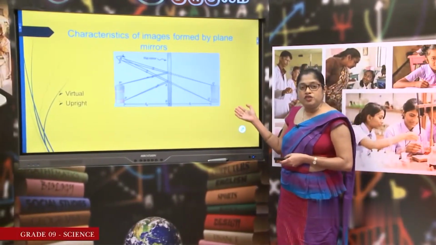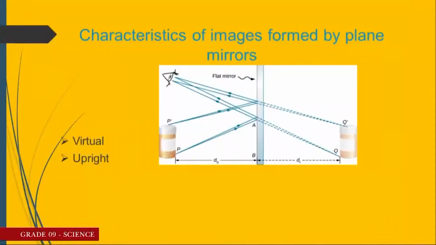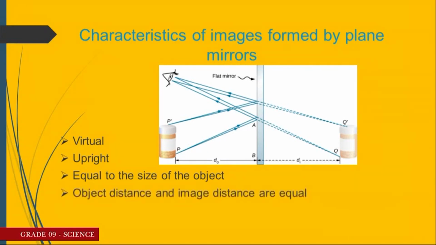The image is upright too. Next, it is obvious that the size of the image is equal to the size of the object. And also the object distance and image distance are equal.